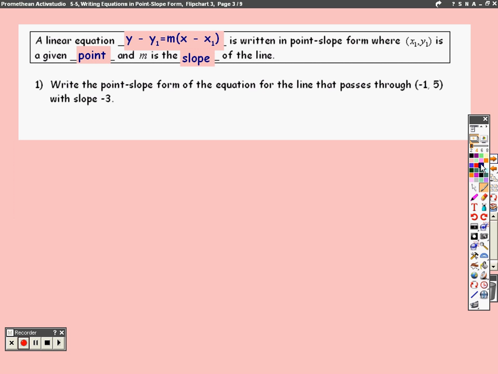Okay, to use the equation for number one, we just substitute in the values. So y minus y1 is y minus 5 equals m, which is the slope, negative 3, times x minus x1, which is 1 minus a negative 1.